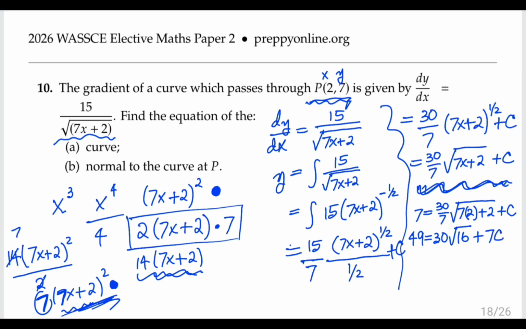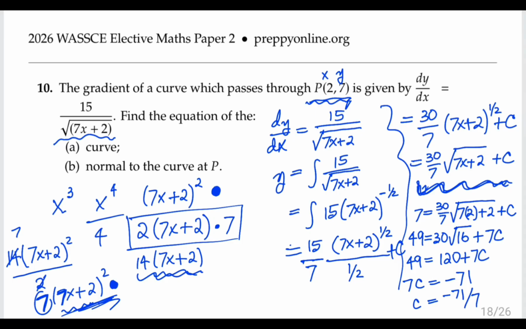And then we simplify further. 49 equals, the square root of 16 is 4, so this is 120 plus 7c. So that gives us 7c is equal to minus 71. That means that our c is equal to minus 71 over 7.